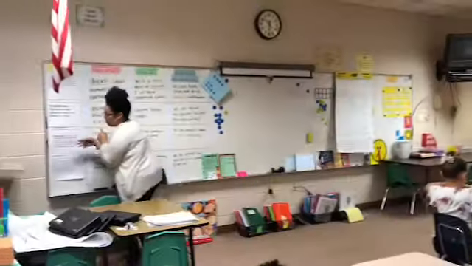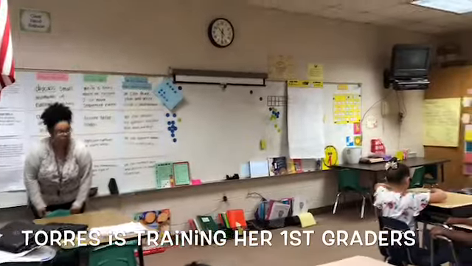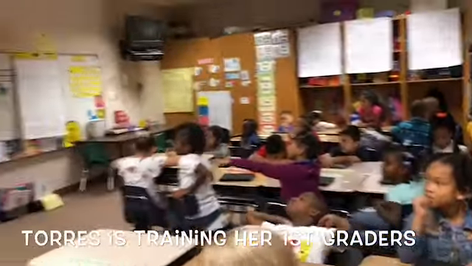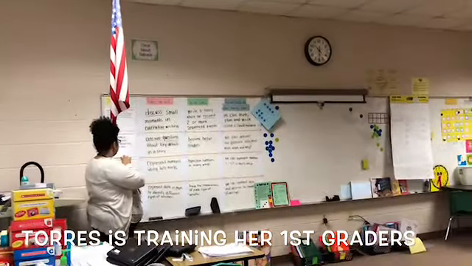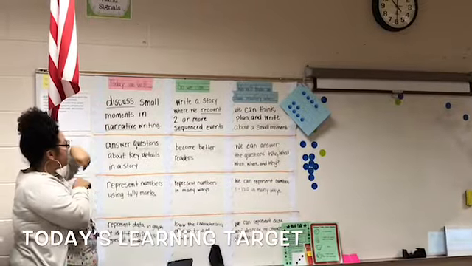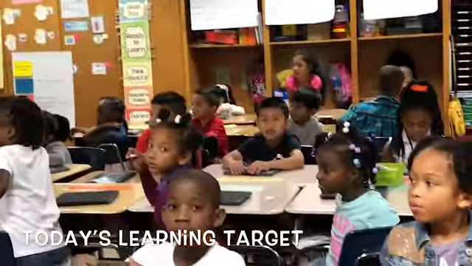Where do we start? What do we look at? Right there. What is that called? Our standard. Thank you, Kyla. So our standard is NBT 1. And we know that today we will represent numbers using tally marks.